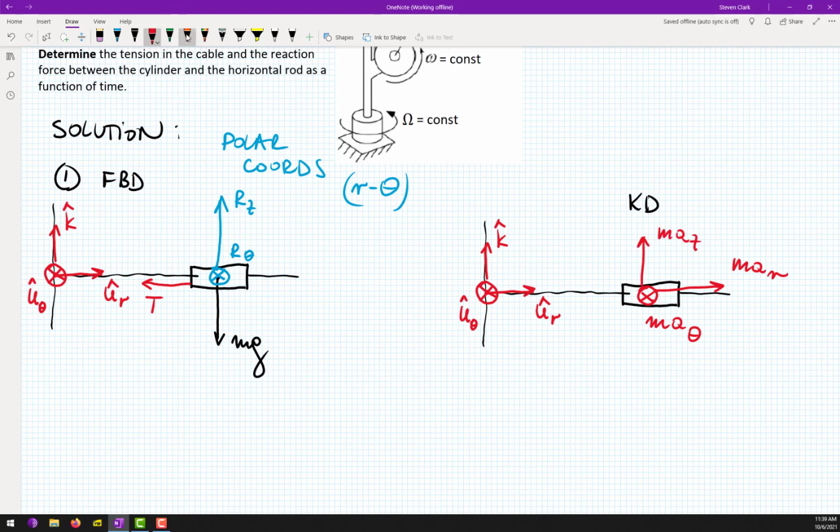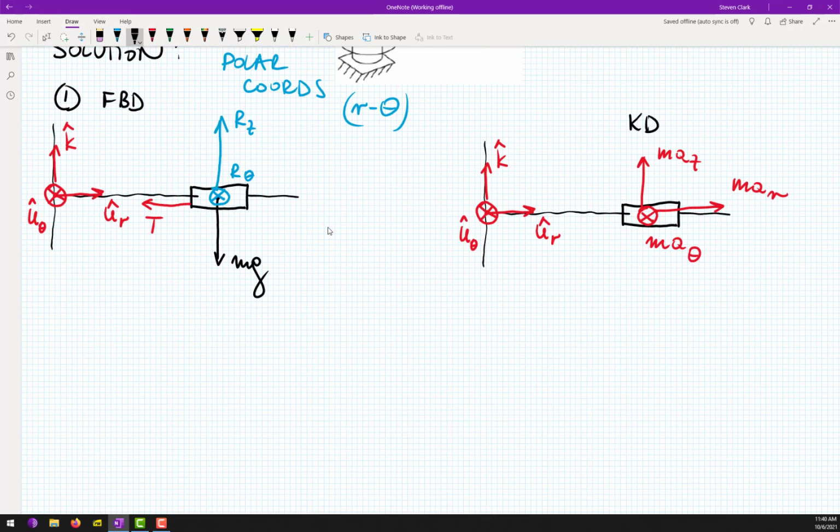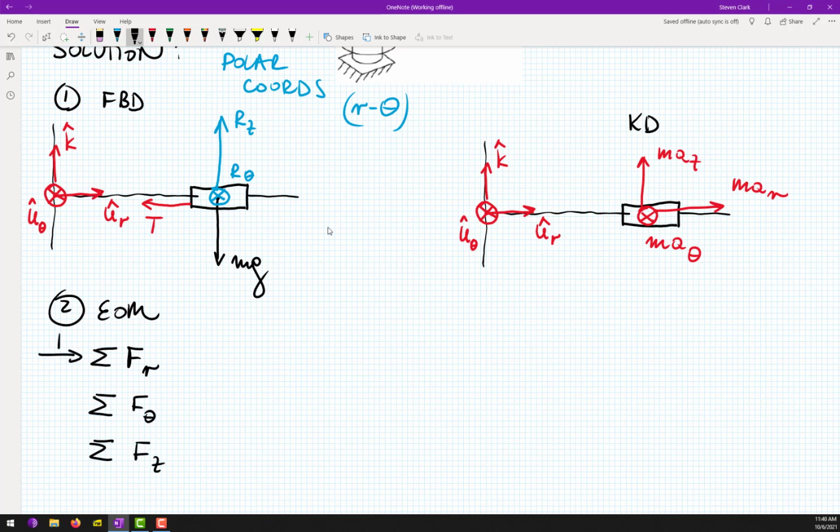Great, we are done with FBD and we are done with KD. Now, none of you is surprised, equations of motion. So we have sum of forces in the R direction, sum of forces in the theta direction, sum of forces in the Z direction. In the I direction, that was the positive direction. Plus.